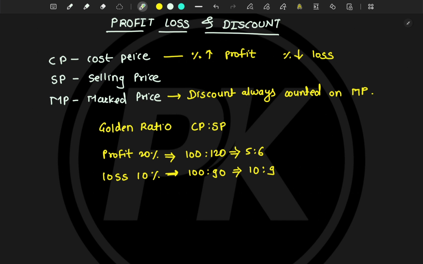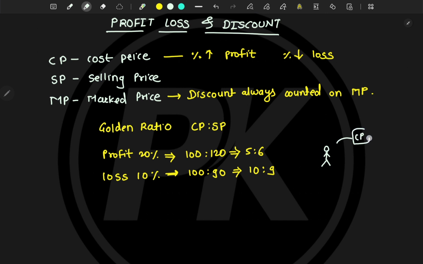Okay, so now here the no formula core logic is what? So we have to learn some terminologies. So CP is cost price. Cost price is what? So let's say I'm a shopkeeper and I am buying from, let's say, a wholesaler at some price.